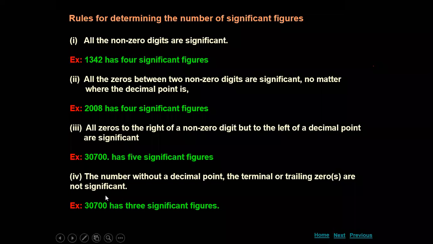Trailing zeros are always non-significant. Only 307 are significant; these three only we are considering. Both look the same, but here the decimal is there, that's the reason these two zeros are significant. Whereas here the decimal is not there, so these two have become trailing zeros. These trailing zeros, the terminal zeros, are not significant. I hope it is clear.